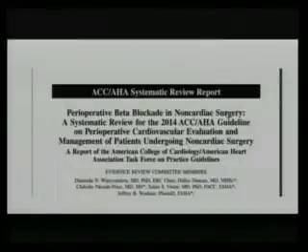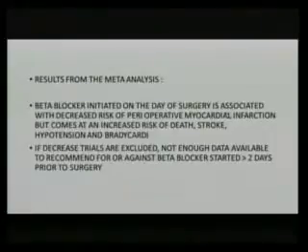Primarily, all the information was provided by the POISE trial, and pretty much they came up with the same conclusions as POISE. Beta blocker initiated on the day of surgery was associated with decreased risk of perioperative MI, which came at a higher risk of stroke, hypotension, bradycardia, and unfortunately death.